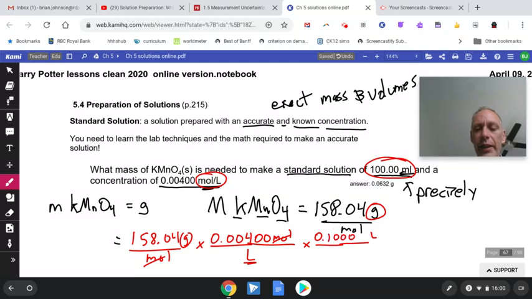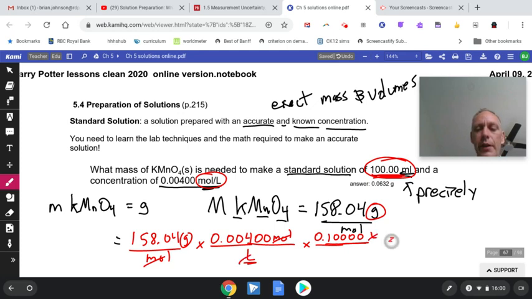We're going to maintain the sig digs. This number has 5 sig digs and this number has 5 sig digs, so when we convert, we don't lose our significant digits. 100 milliliters divided by 1,000 milliliters per liter, and there we go. Liters cancel out.